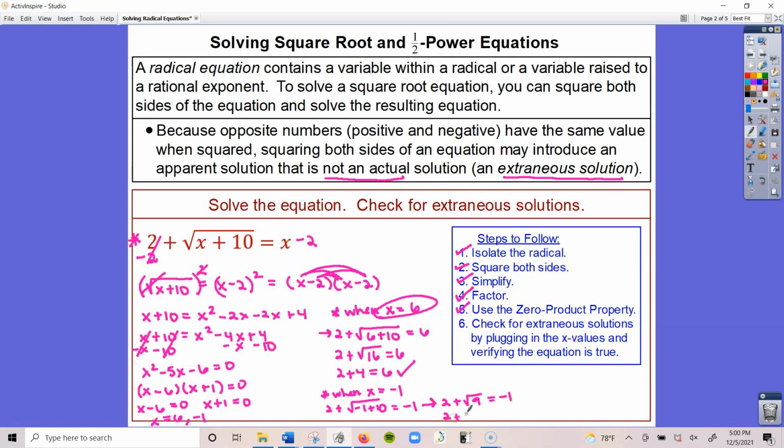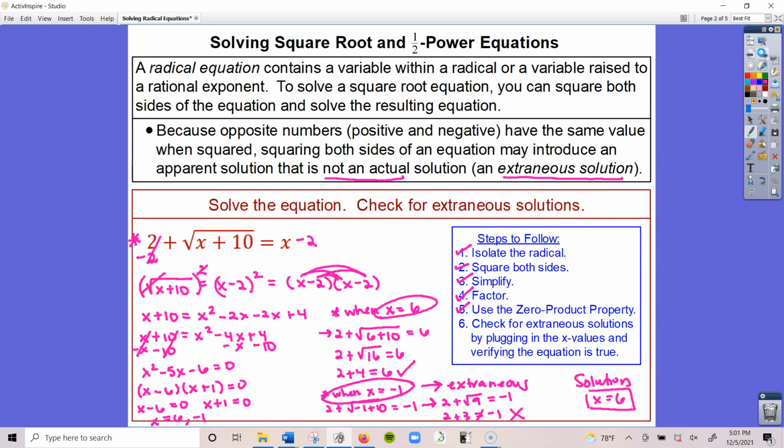The square root of 9 is 3. But 2 plus 3 does not equal negative 1. So this is what I mean by an extraneous solution. Negative 1, when I plug it into my original equation, does not make that equation true. So this is extraneous. So my only solution is going to be x equal to 6.